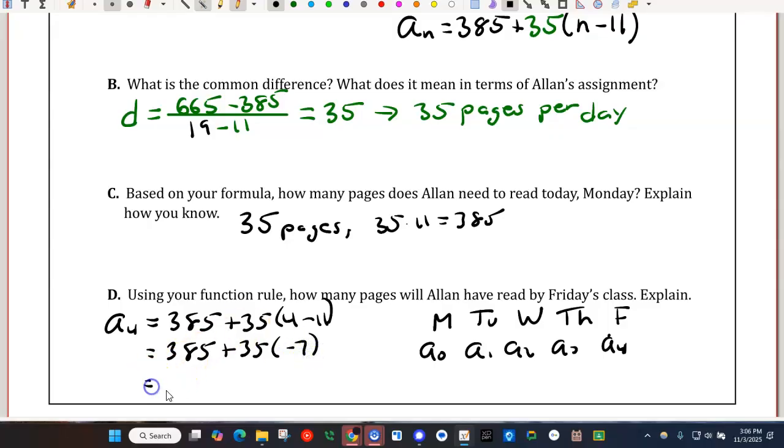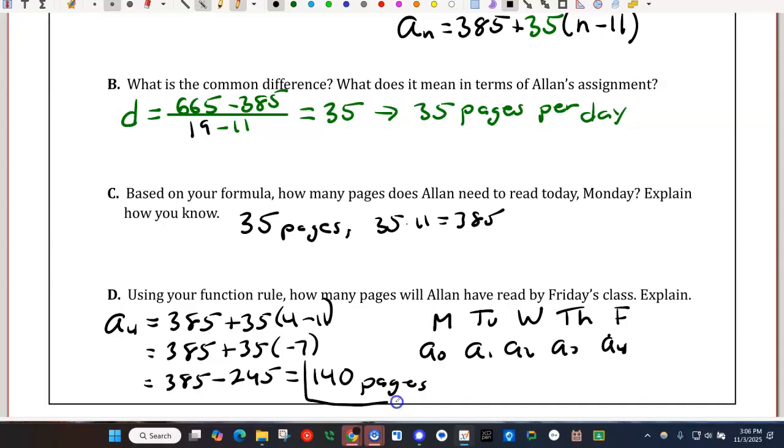And 35 times 7. Minus 245. And we end up with 140 pages.